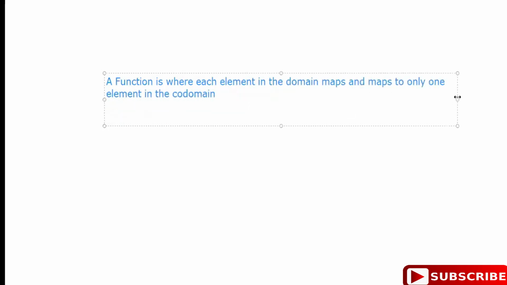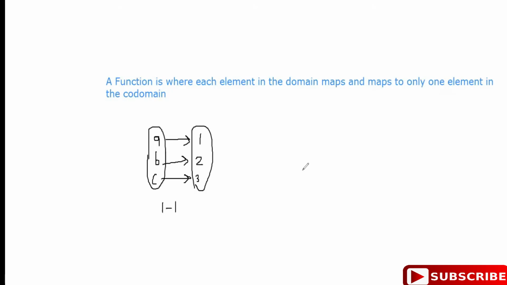You can have a many-to-one function and a one-to-one function, but this is just the general definition of a function. Each element in the domain must map to only one element in the codomain.